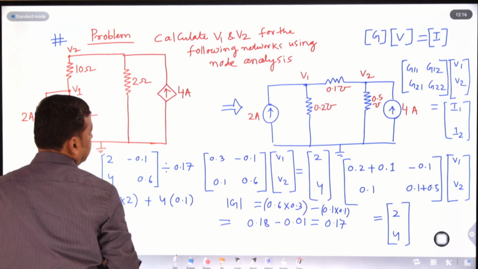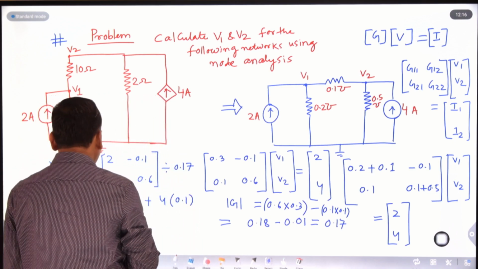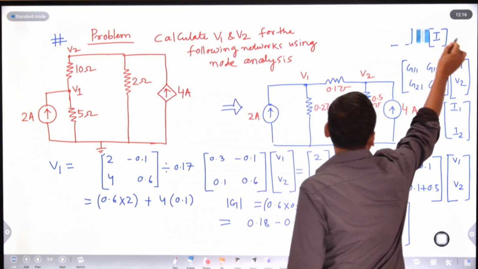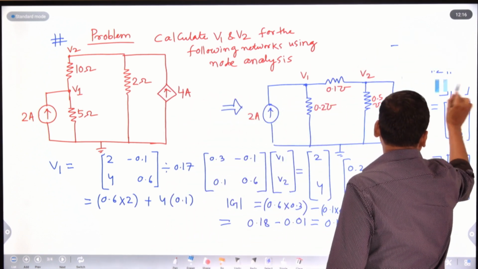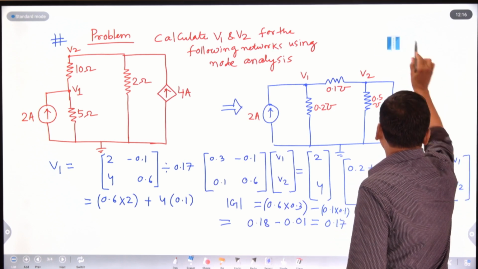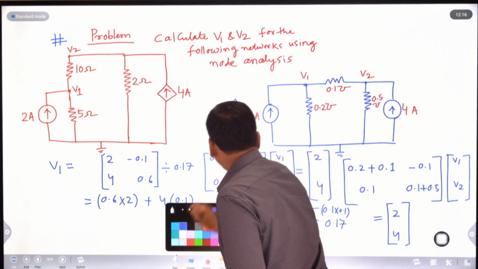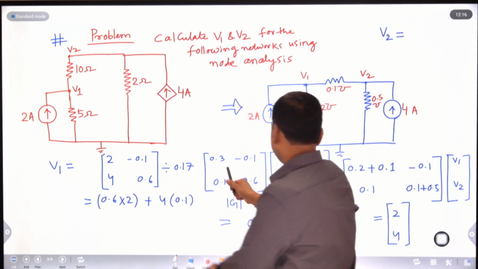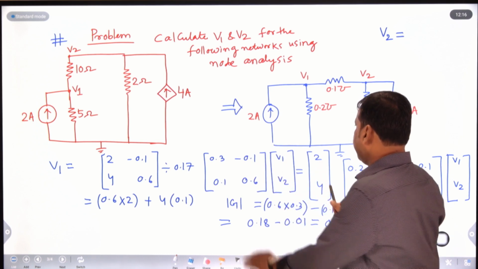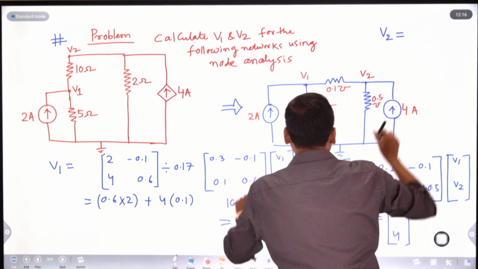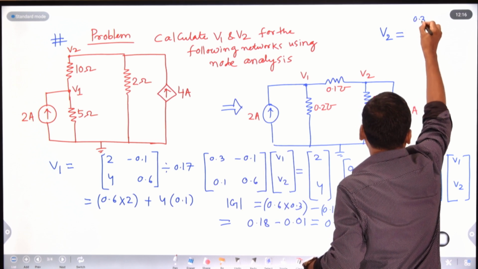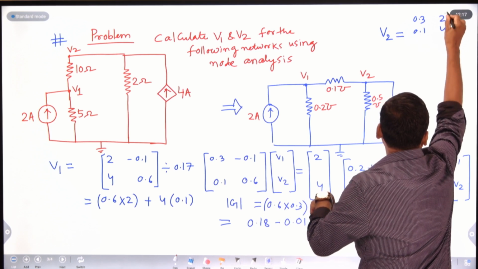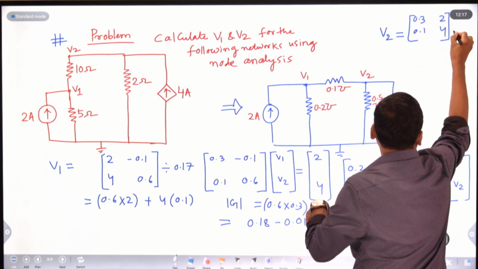This is your V1. Similarly, how to calculate the V2 value? Using Cramer's rule, you simply close the second column, 0.3, 0.1, and the other column is your 2, 4, divided by how much?